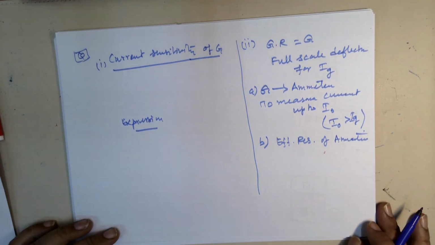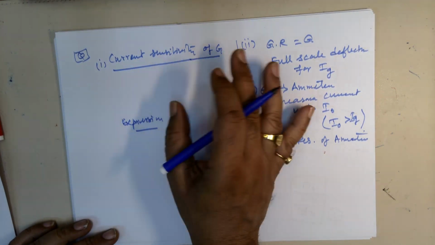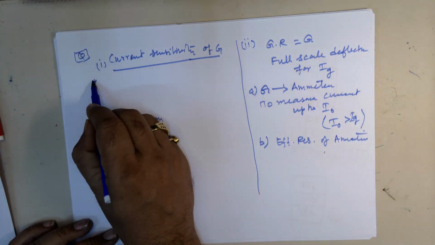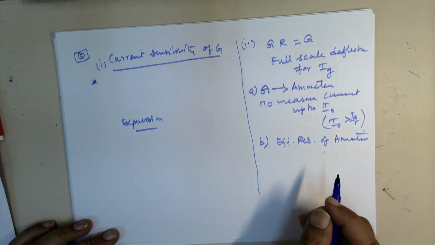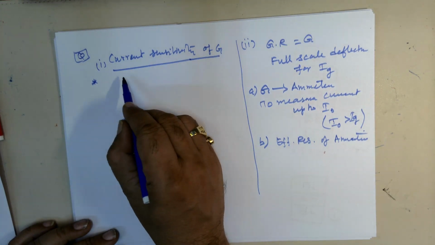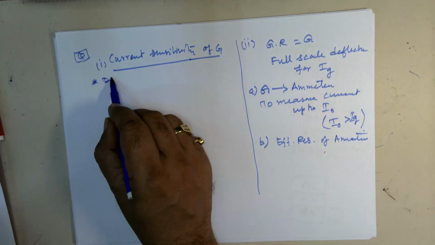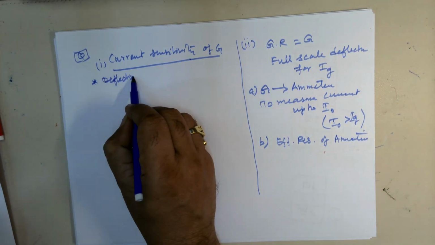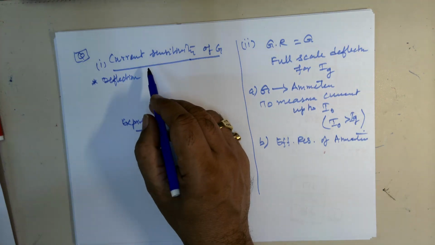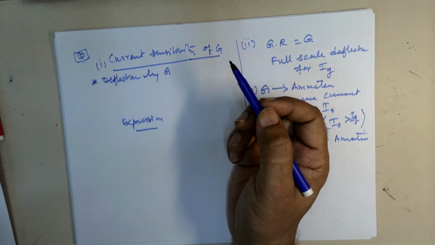Right. Now let us proceed one by one. The first one. What is current sensitivity? Current sensitivity is the deflection produced by the galvanometer.